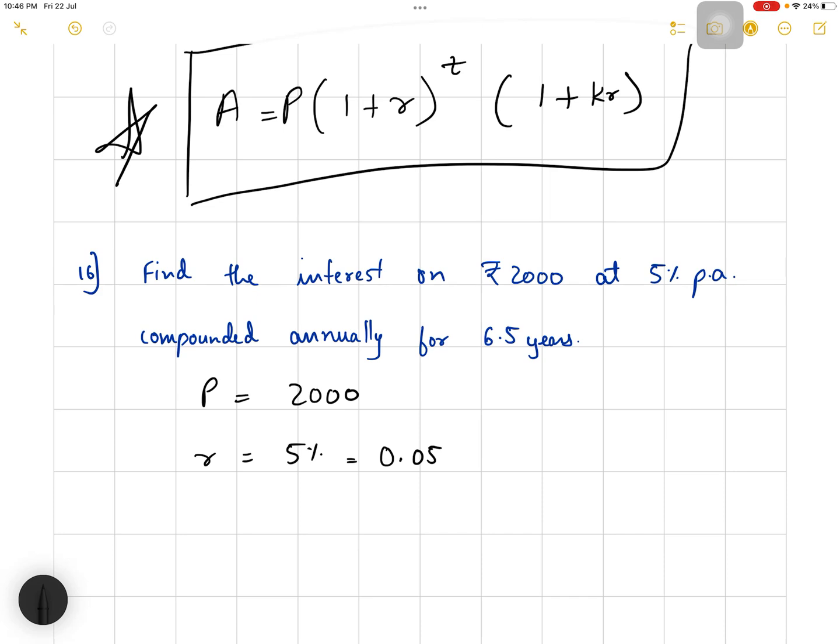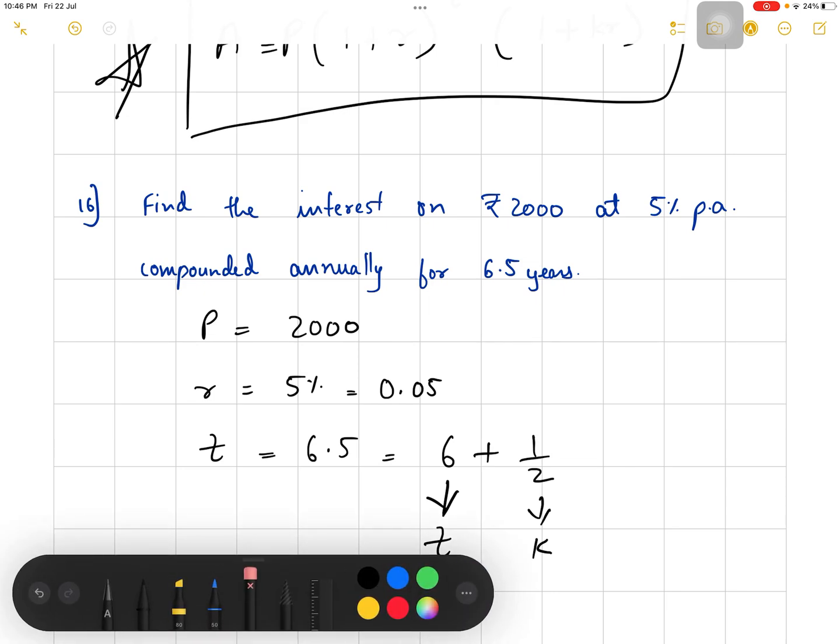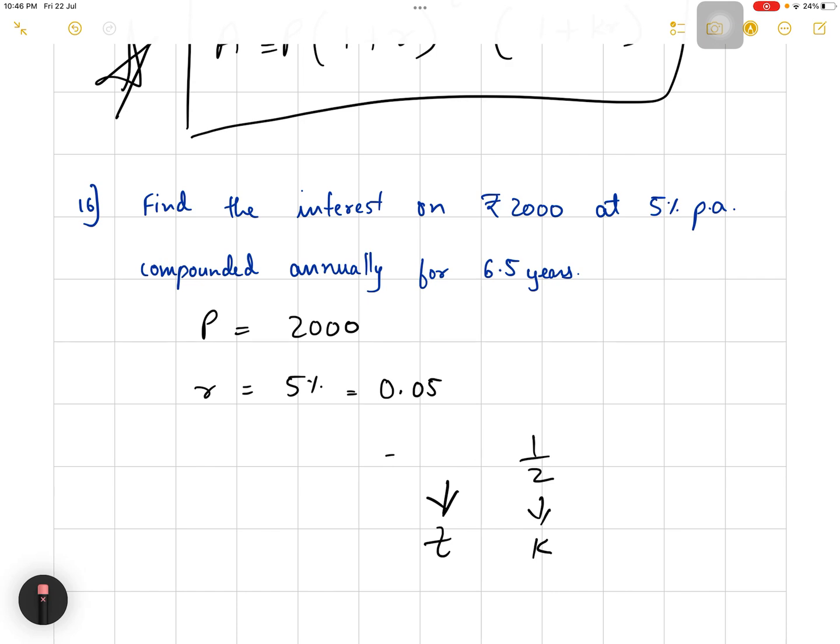And T, here the term is 6.5 years. That means T is equal to 6.5, which is 6 plus 1 by 2. So let this be my T and this will be my K. So I will not write T is equal to 6.5 years.